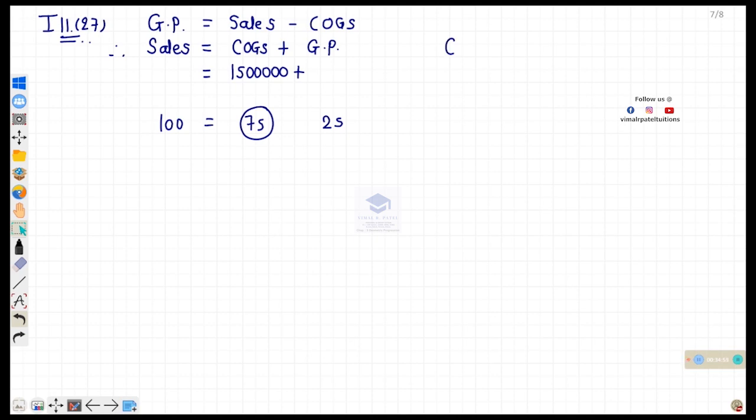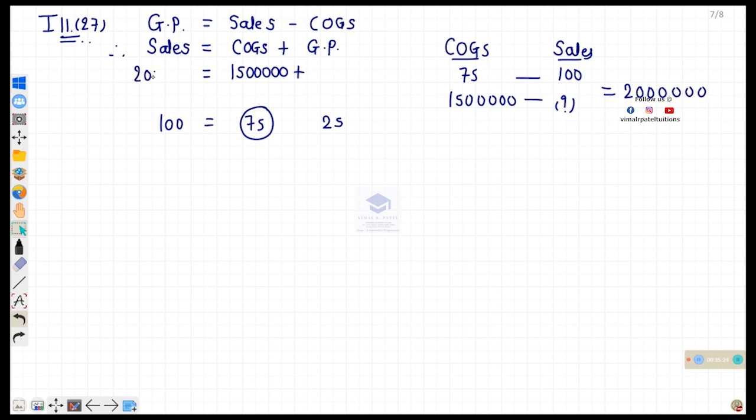So COGS, sales. If COGS is 75, sales is 100. If COGS is 15 lakh, then what will be sales? It will be 20 lakh. So your sales, you can say 20.